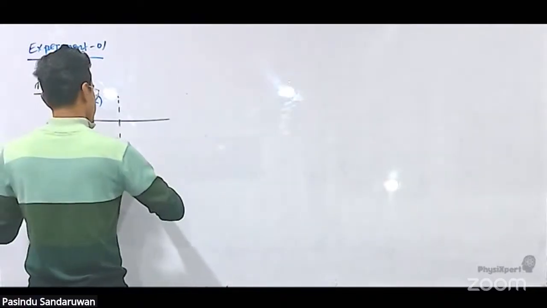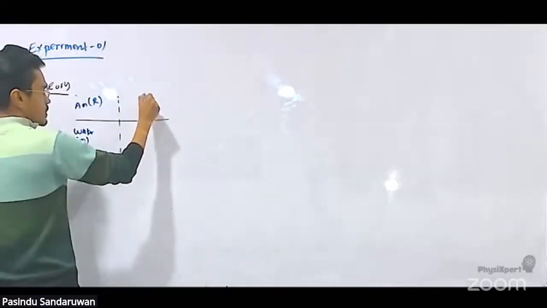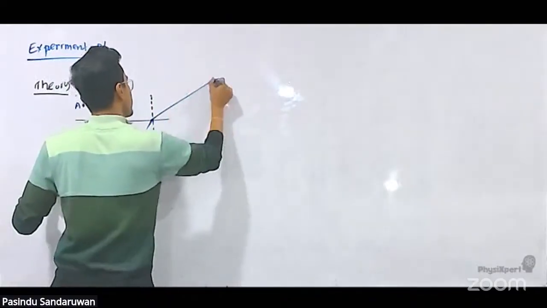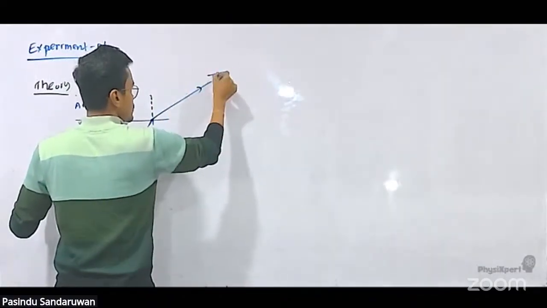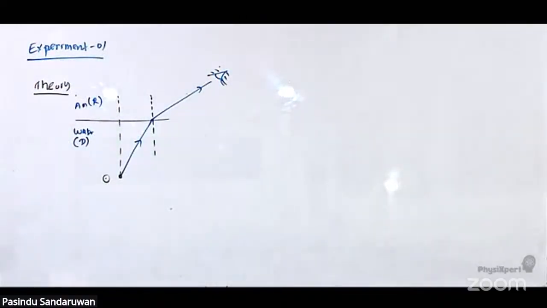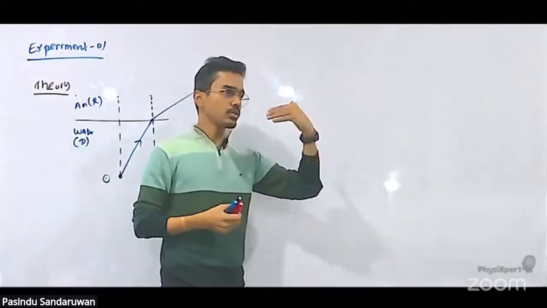When a light ray comes from here, at this point it bends away from the normal. We will be observing this light ray somewhere here, by keeping the eye here. What is sensitive to our eye is only the direction of the light ray which comes into our eye.